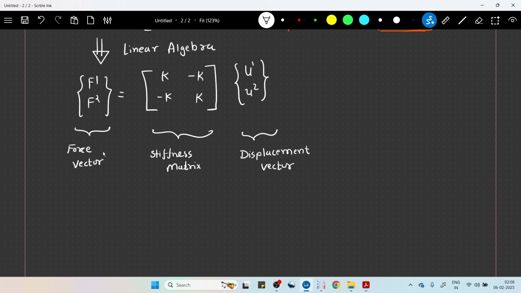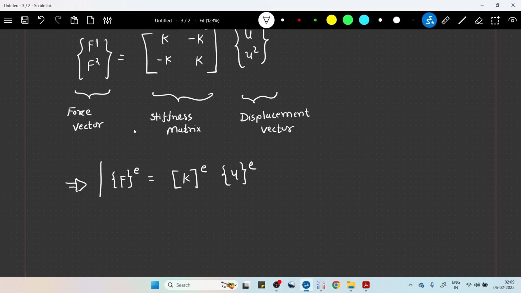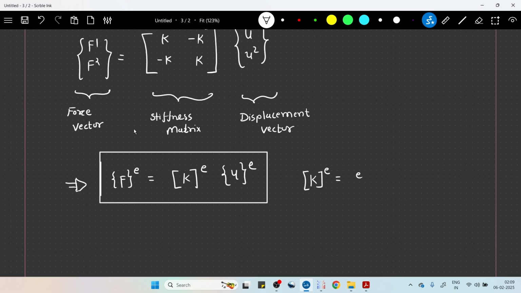If I further write it, we can say the f vector for the element is equal to the stiffness matrix for the element times the displacement vector for the element. So we see that we have got the force displacement relationship, where k is the element stiffness matrix for the 1D bar element.